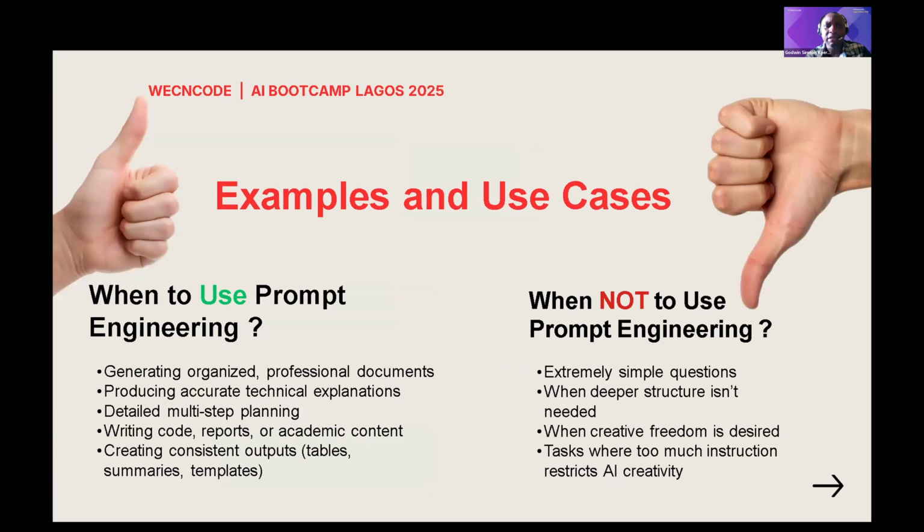Okay, examples and use cases. When to use prompt engineering: generating organized professional documents, producing accurate technical explanations, detailed multi-step planning, writing code, reports, or academic content, creating consistent output, maybe tables, summaries.